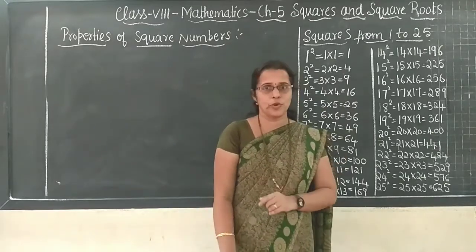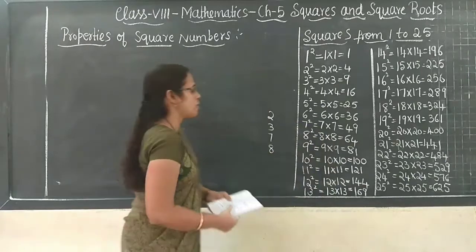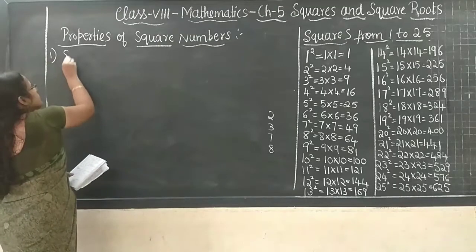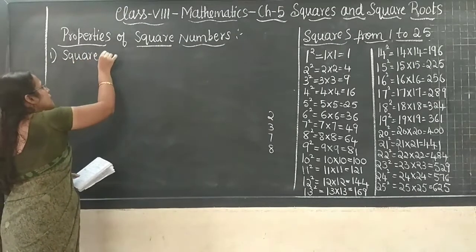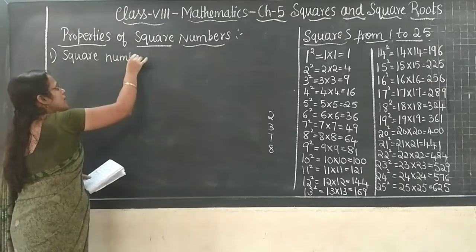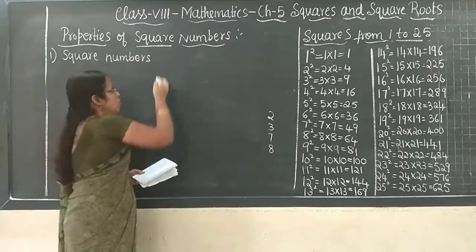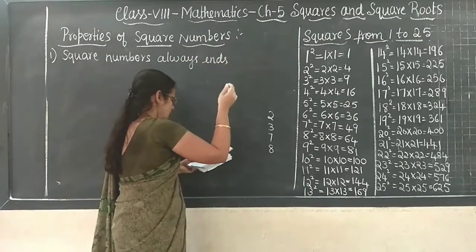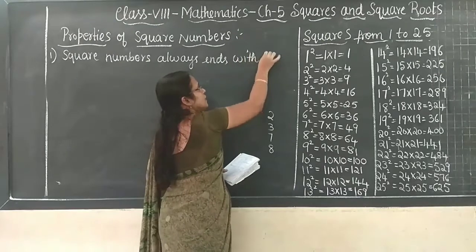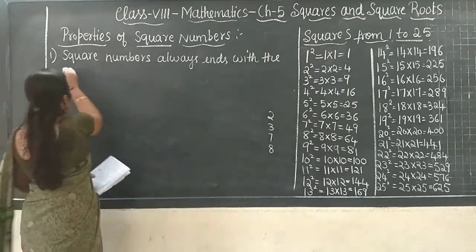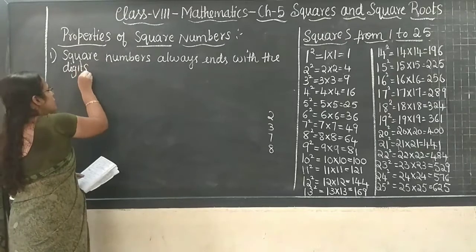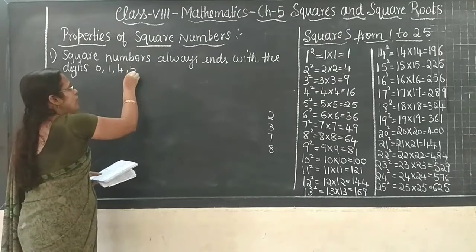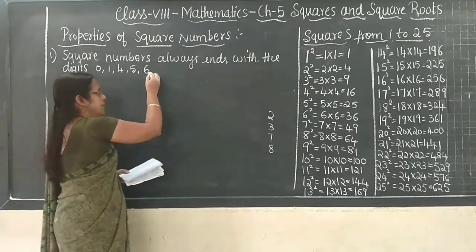So let us write this first property. Children, write the first property. Square numbers always end with the digits 0, 1, 4, 5, 6 or 9.